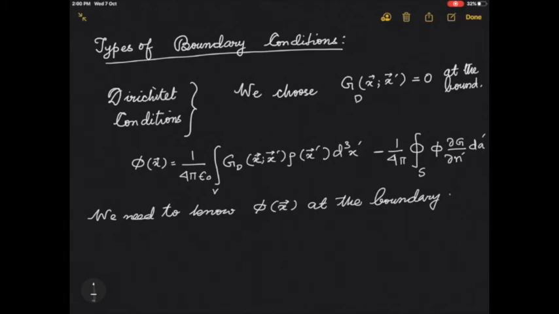So if we want to know phi inside my volume, I need to know phi itself at the boundary. That is called the Dirichlet boundary condition, where you need to know the field at the boundary.